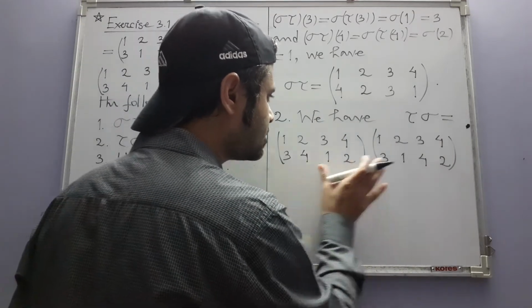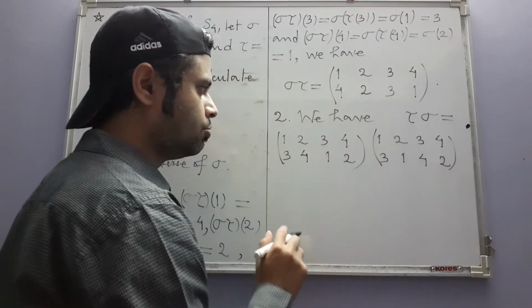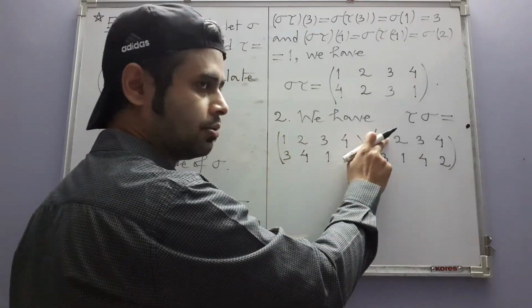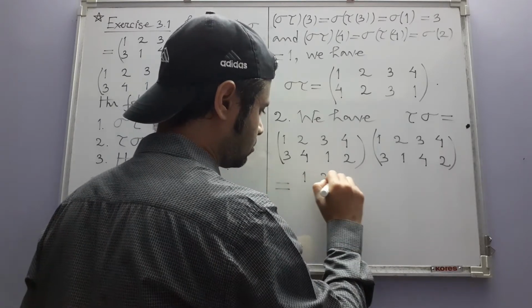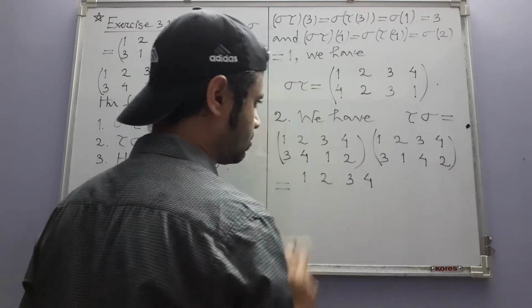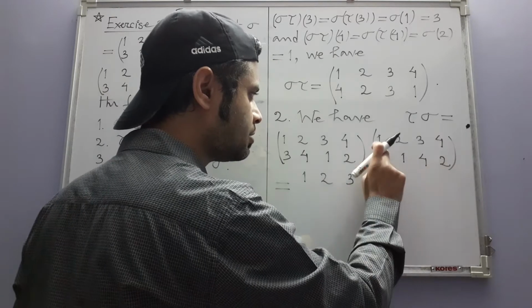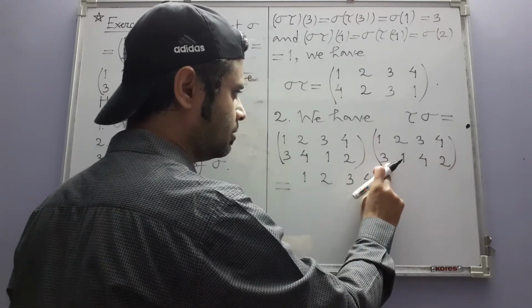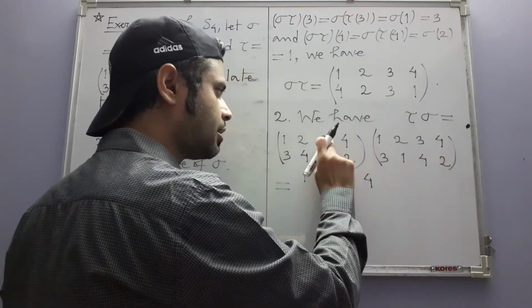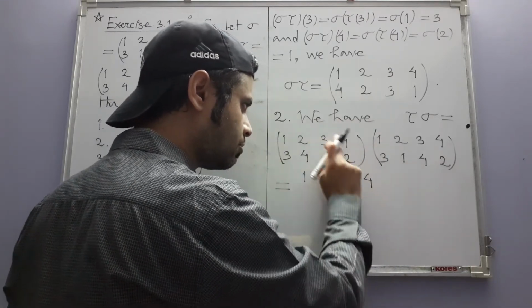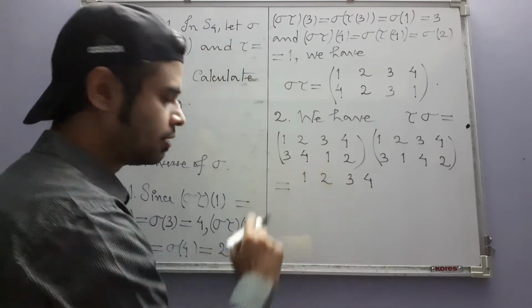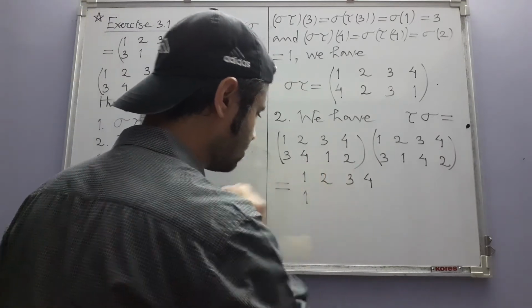So what will this composition do to 1? Sigma takes 1 to 3, and then tau takes 3 to 1. That means the composition takes 1 back to 1. It does not change 1.